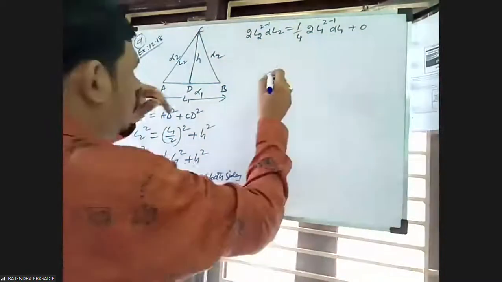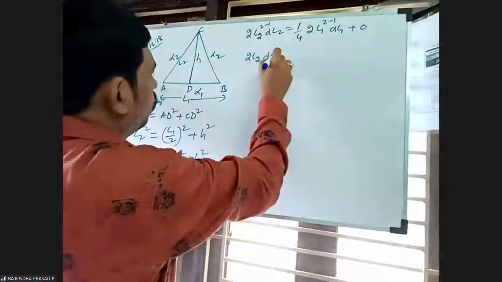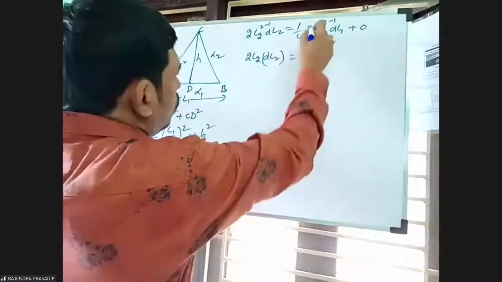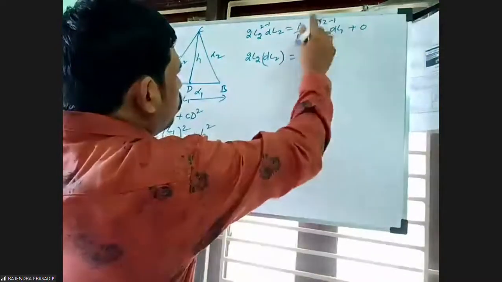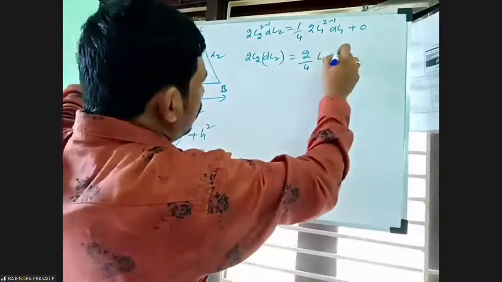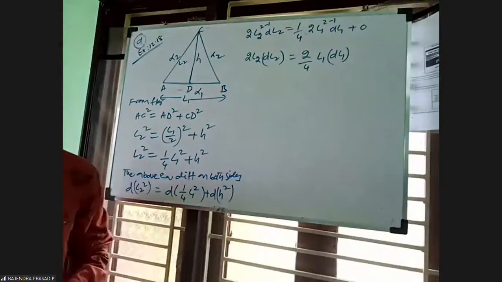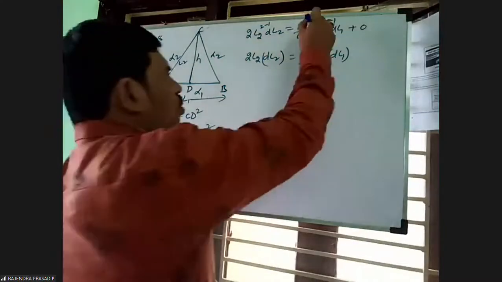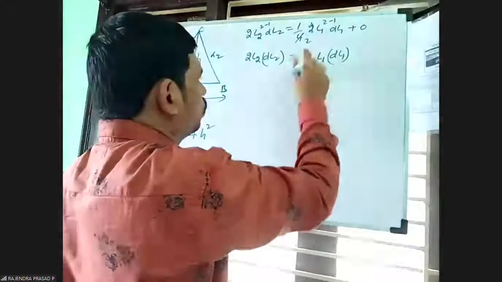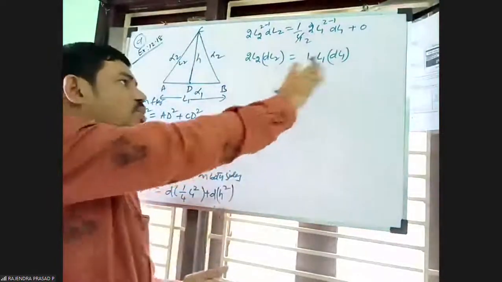So 2 L2 DL2 equals 2 by 4 into L1 DL1, that is 1 by 2 into L1 DL1.